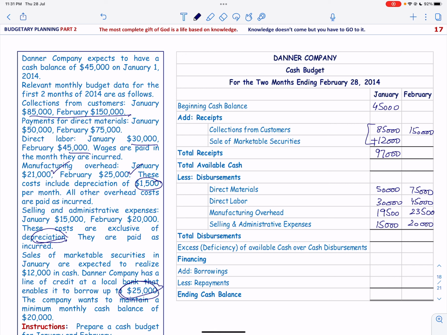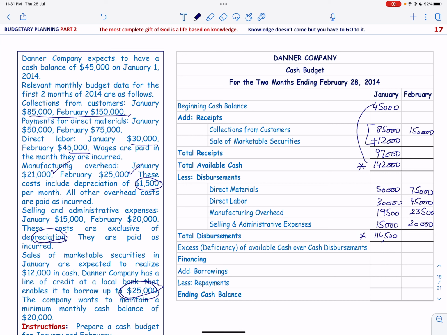And then for the total available cash, we will add the beginning cash balance as well, that is 142,000. The total disbursements are 114,500, and this is our available cash and this is our total disbursements.